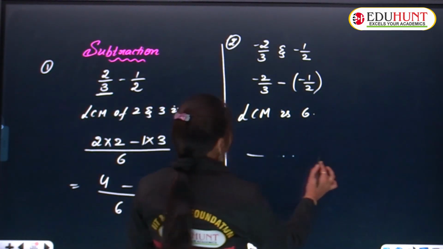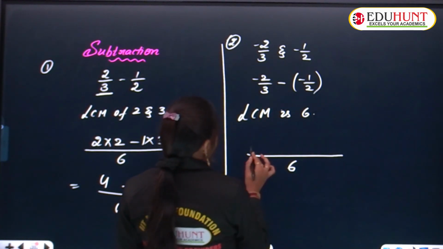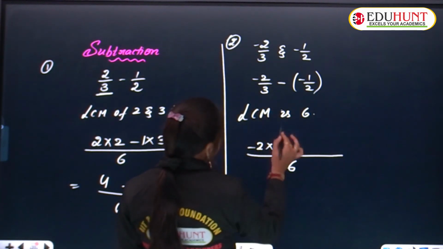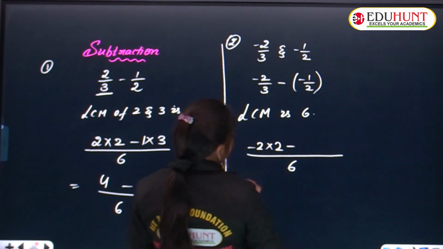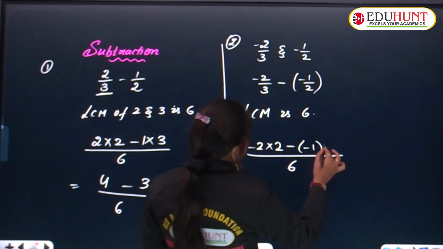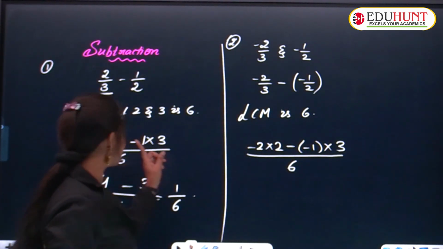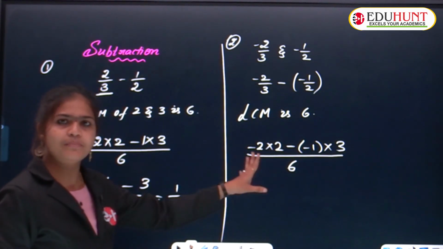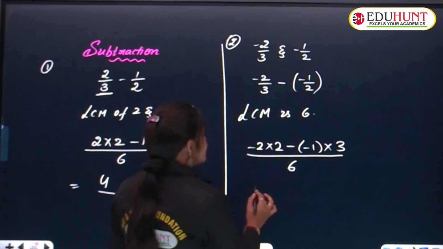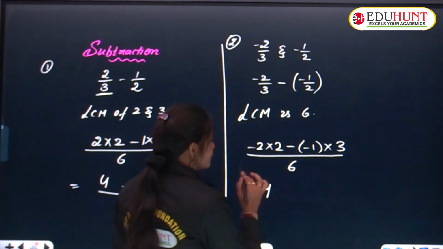Now here the denominator is 6 and minus 2 into, 3 into 2 is equal to 6. Minus of minus 1 into, 2 into how much is equal to 6? 3. Again you will get the same values only, but with the minus sign. Minus 2 into 2 is equal to minus 4.